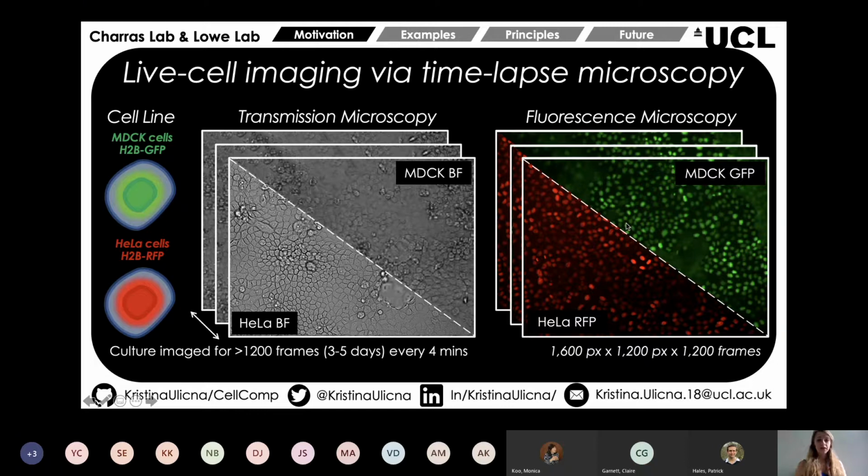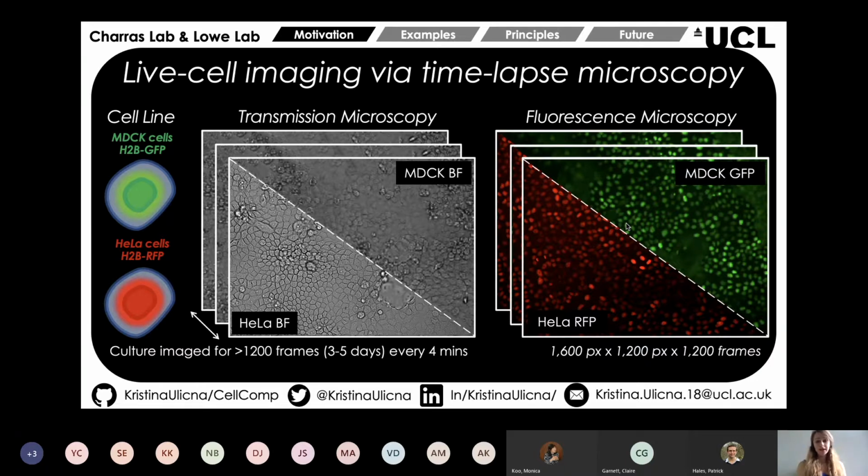On the right-hand side, you can see a fluorescence microscopy image, which tells you about nucleic acid organization in those cells. These images we take in parallel, and they're complementary to each other.